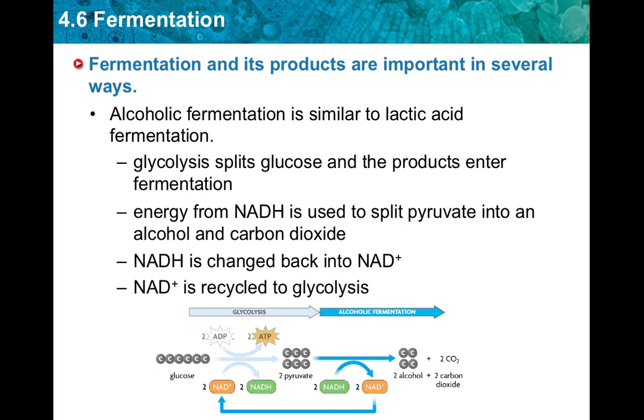As the NADH molecules are used, they are converted back to NAD+, which is similar to the lactic acid fermentation we learned. Then the molecules of NAD+ are recycled back to glycolysis. The recycling of NAD plus allows glycolysis to continue.